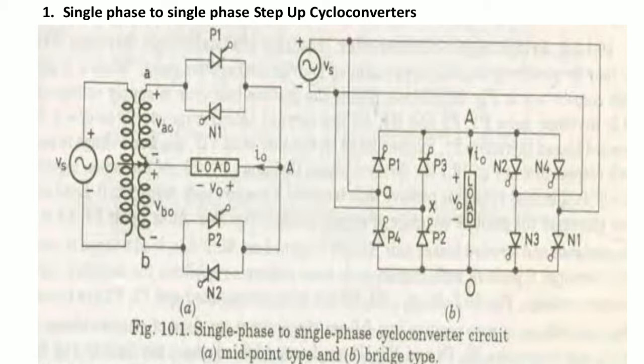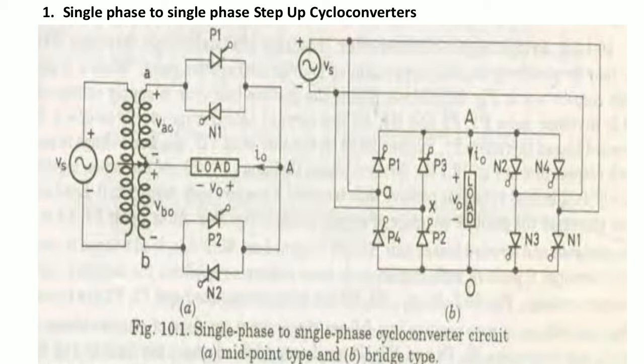There are some differences in the quantity of SCRs used in both topologies. In the midpoint type there are a total of 4 SCRs, P1, P2, N1 and N2, and in the bridge type there are a total of 8 SCRs, P1, P2, P3, P4, and N1, N2, N3, N4.